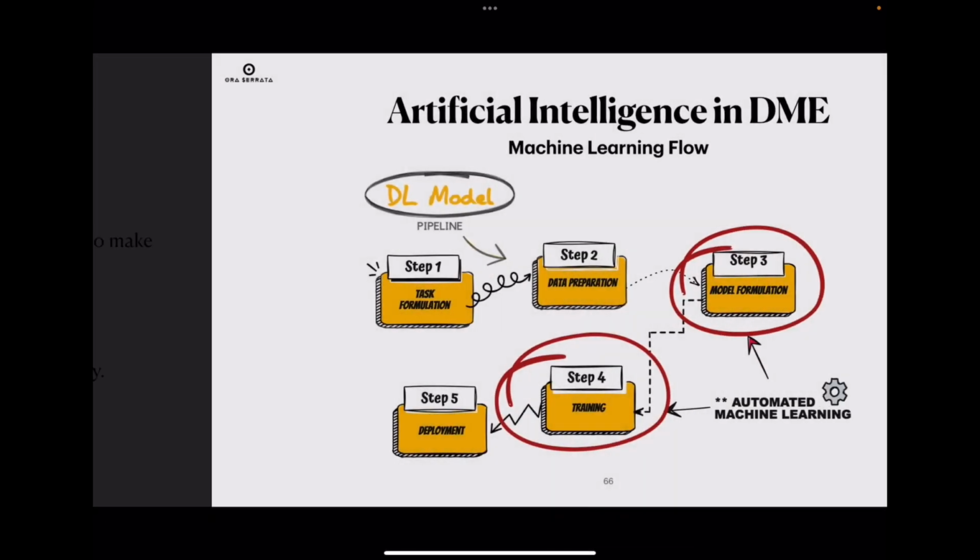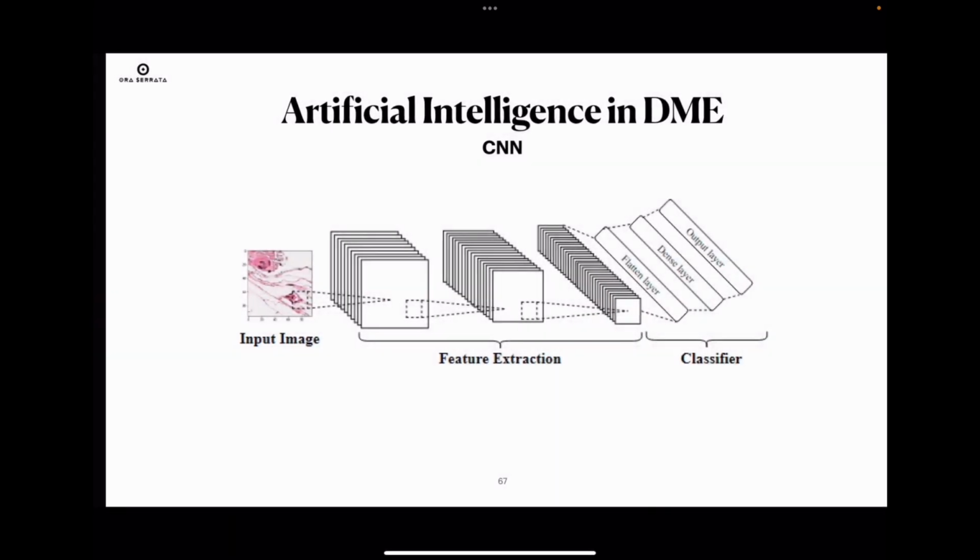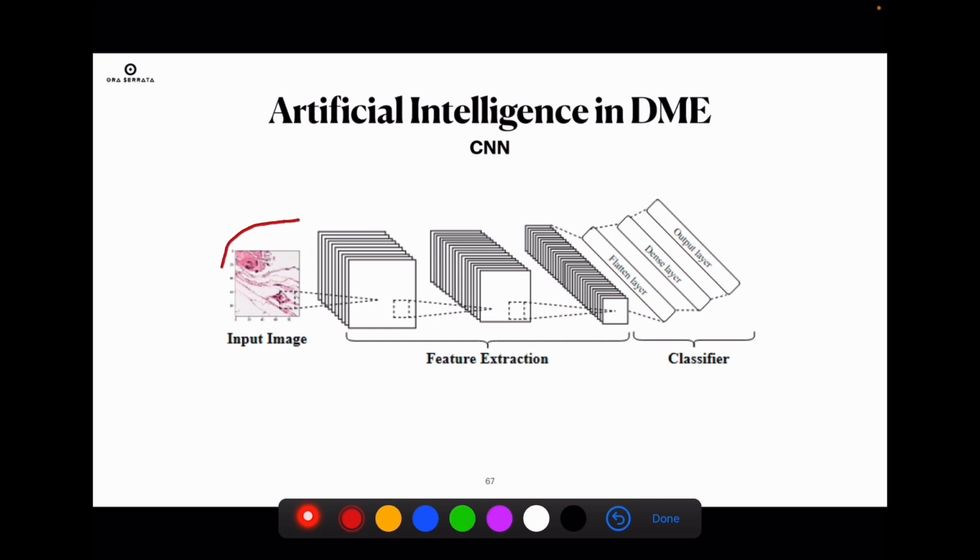An input image is given, and these CNNs perform something known as feature extraction and then ultimately give you a result. In feature extraction, they basically break down the image into a number of images and then use those individual components to find out the diagnosis or the interpretation of that image.